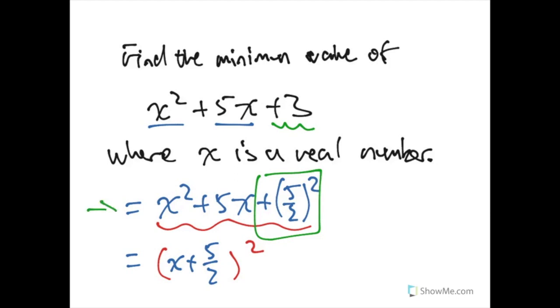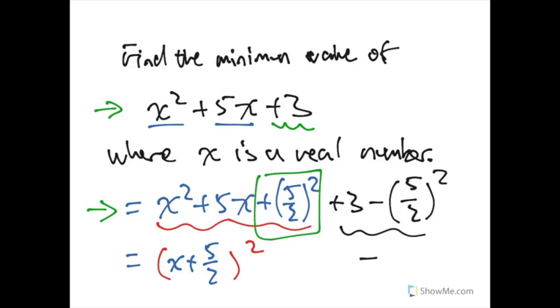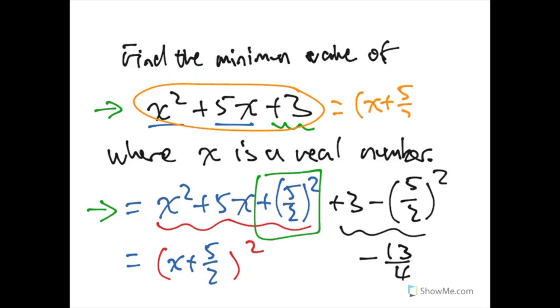We want this expression to be equal to the original expression, so we need to adjust this by a constant. And this constant would be 3 minus 5 over 2 squared, and this would simplify to negative 13 over 4. So by perfecting the square for this expression, we get x plus 5 over 2 all squared minus 13 over 4.